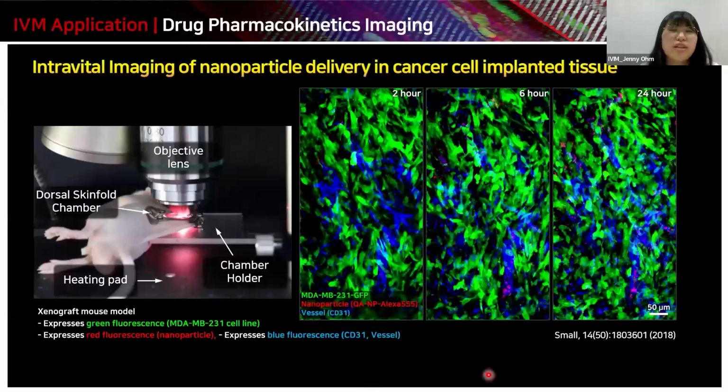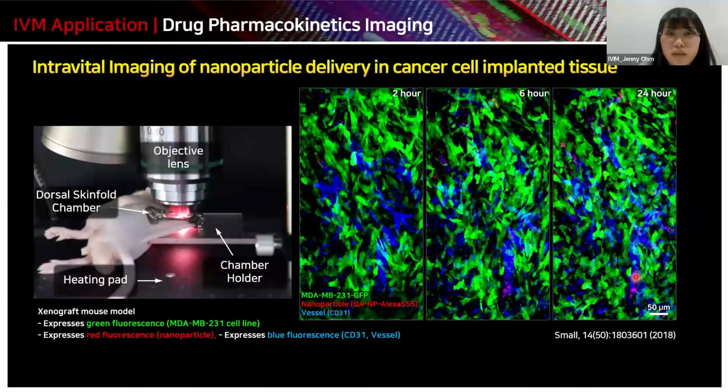So here we injected a triple negative breast cancer cell line expressing GFP into a dorsal skin fold chamber implanted into an immunodeficient nude mice model. And on the left here, you can see the dorsal skin fold chamber implanted into dorsal skin, or the back of the mouse. And the mouse has been secured using the chamber holder and mounted onto the intravital microscopy system.